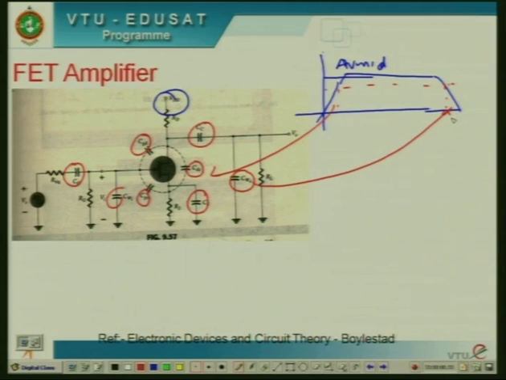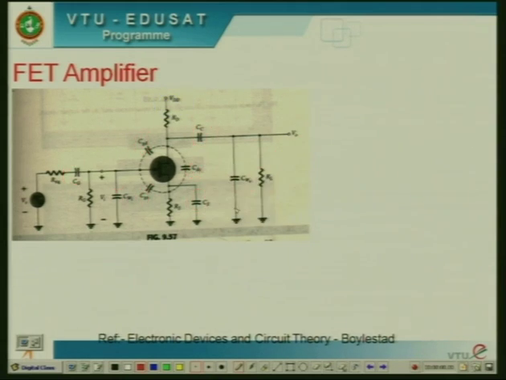For this problem, for the input cutoff frequency, first you have to calculate the cutoff frequency of the amplifier due to CG, given by the input signal, that is 1 divided by 2 pi (R signal plus RG) into CG.